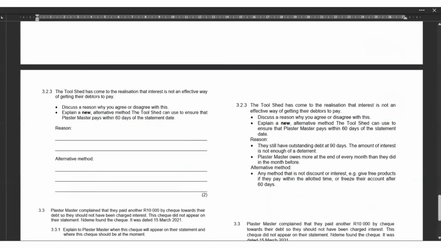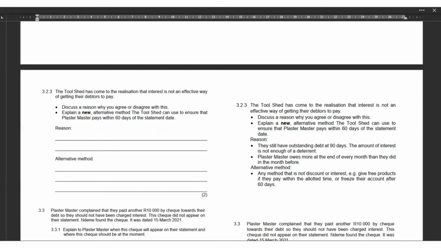Our next question. The tool shed has come to the realization that interest is not an effective way of getting debtors to pay. Discuss a reason why you agree or disagree with this. Explain a new alternative method the tool shed can use to ensure that Plaster Master pays within 60 days of the statement date.